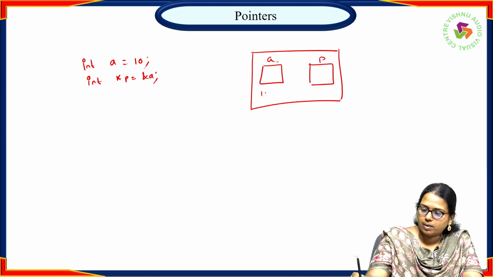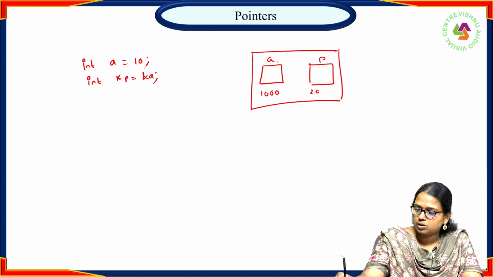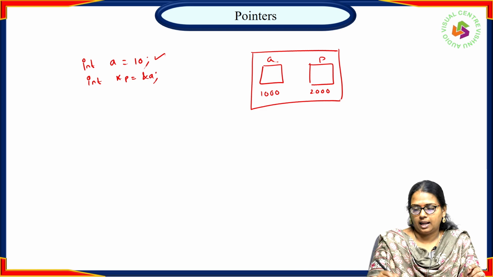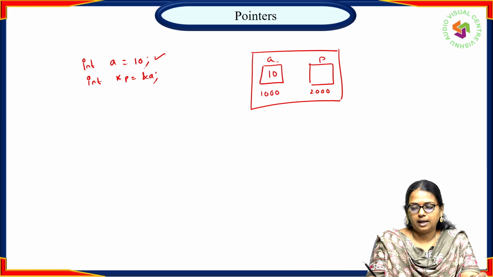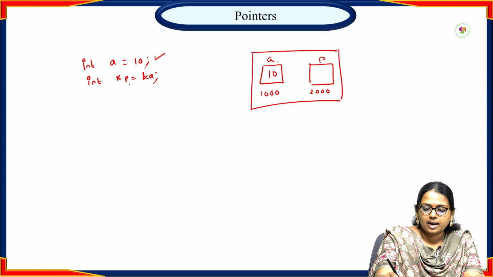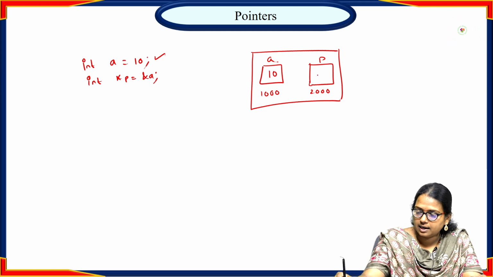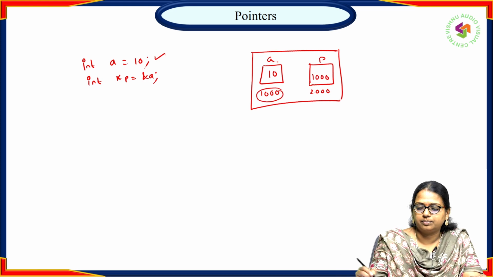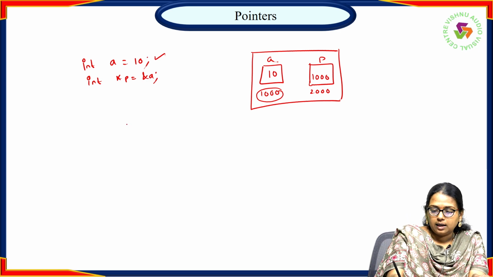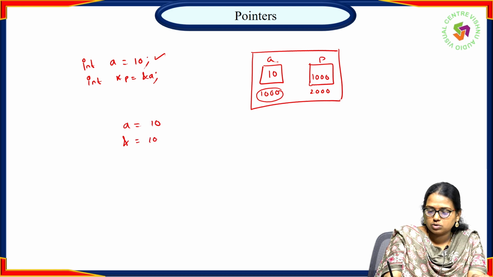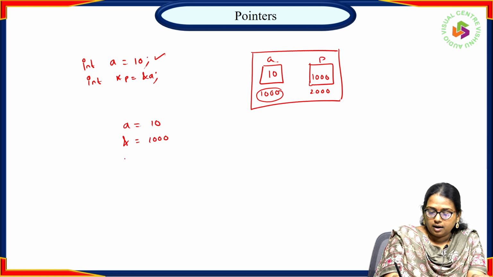A also has one address and p also has an address. Now what value is a having? 10. A equals to 10. What is p here? We are assigning p with address of a. Then p contains address of a. Address of a is nothing but 1000. Now here a gives 10, address of a gives 1000 and p also gives 1000.